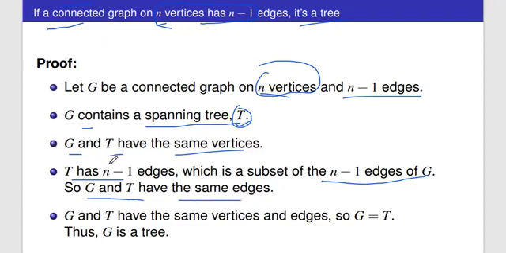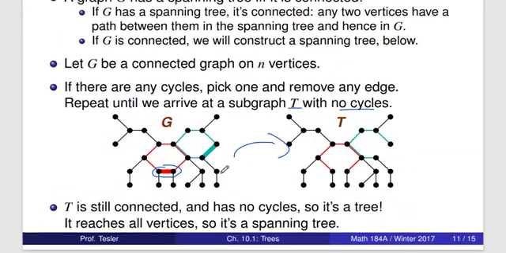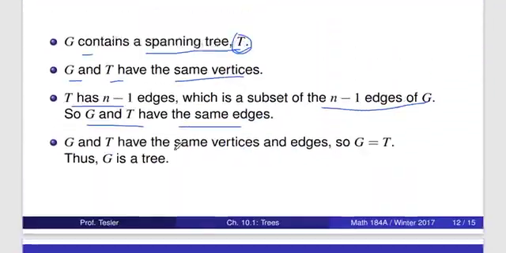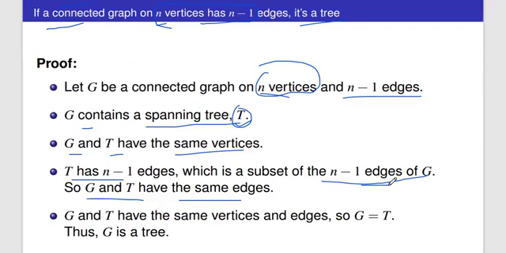With the same vertices and the same edges, we can say that G is equal to T.